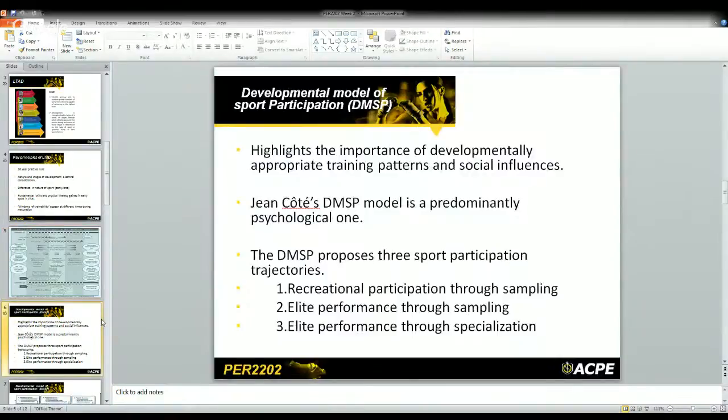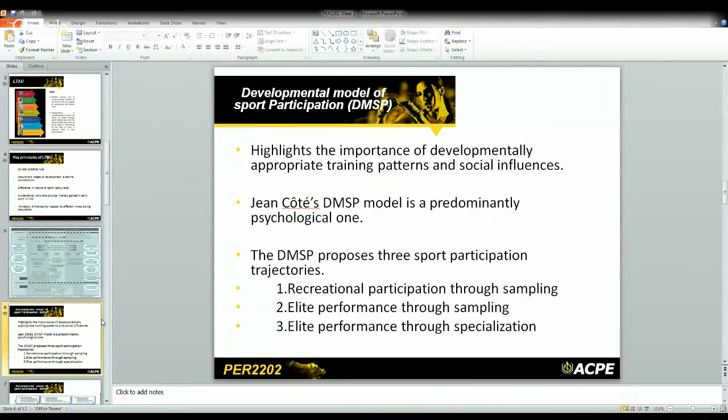Another one we've got is our development model of sports participation. What we look at with sports participation is not just the sport itself, but the training patterns and the influences from their social interaction. And it's about more psychological development.